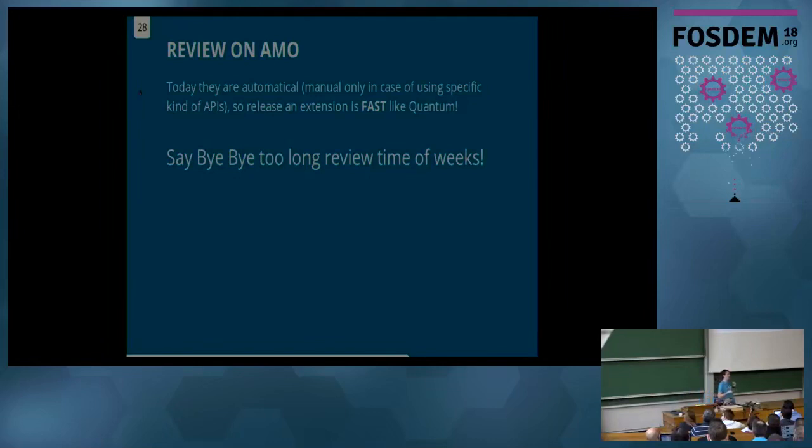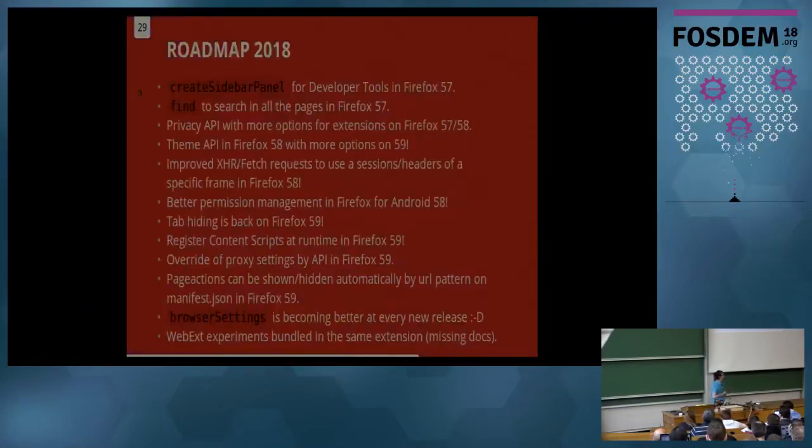Chrome is automatic, they don't care about strict code, policy, or lint, they don't care about anything. In Mozilla, in AMO, you get a lot of warnings about what your code is doing wrong. So it's helpful for us developers to see that this code can be better.